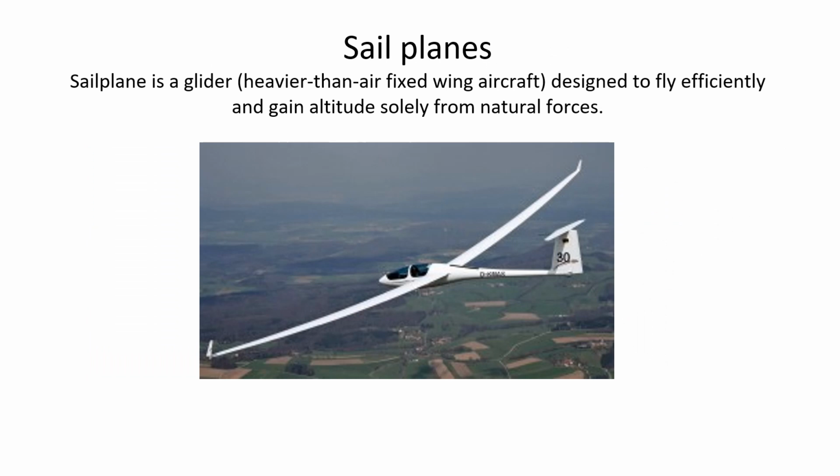Sailplanes are almost a glider which is heavier than air, designed to fly efficiently, and it should gain altitude purely from natural forces alone. We are not going to provide any additional forces to the system.